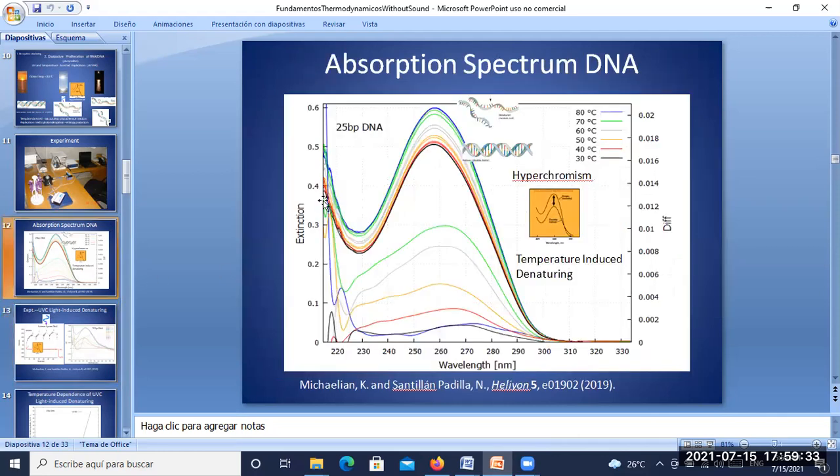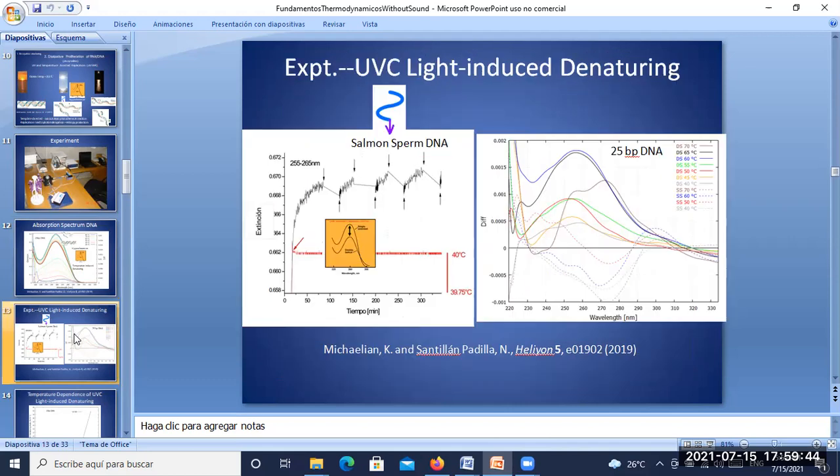We're plotting the same as on this graph, but we're integrating from about 255 to 265 nanometers, so we're integrating this region here, and plotting the extinction in this range as a function of time in the experiment with the light being turned on and off.